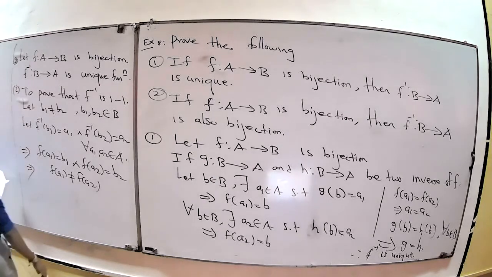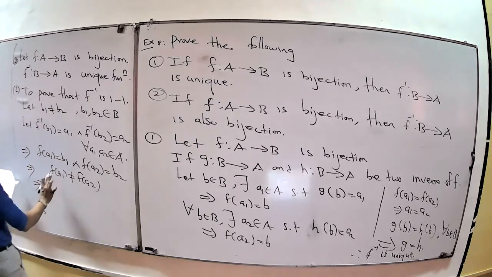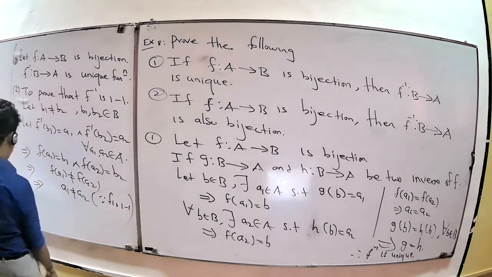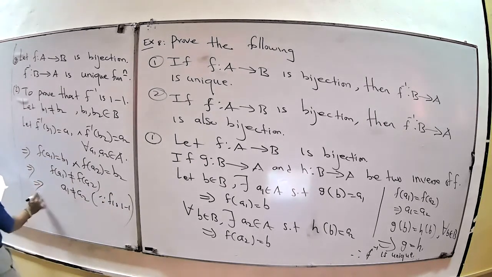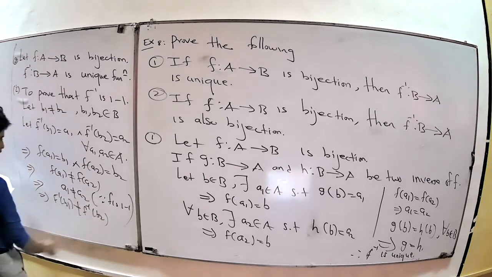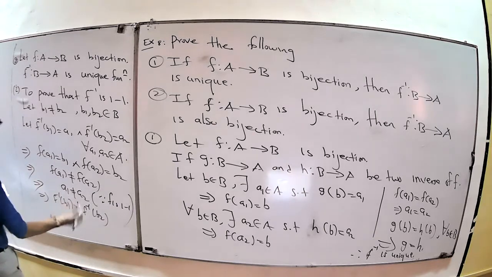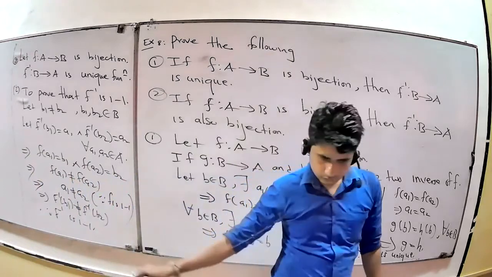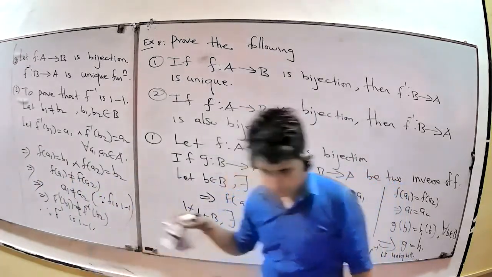Suppose you take f of a1 not equal to f of a2, it means a1 also not equal to a2 because f is 1 to 1. a1 not equal to a2 means f inverse b1 not equal to f inverse b2, which means f inverse is 1 to 1.